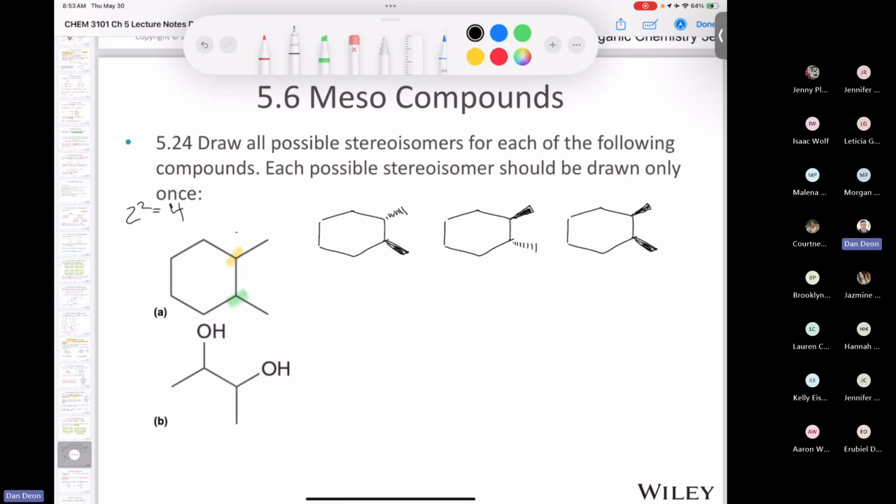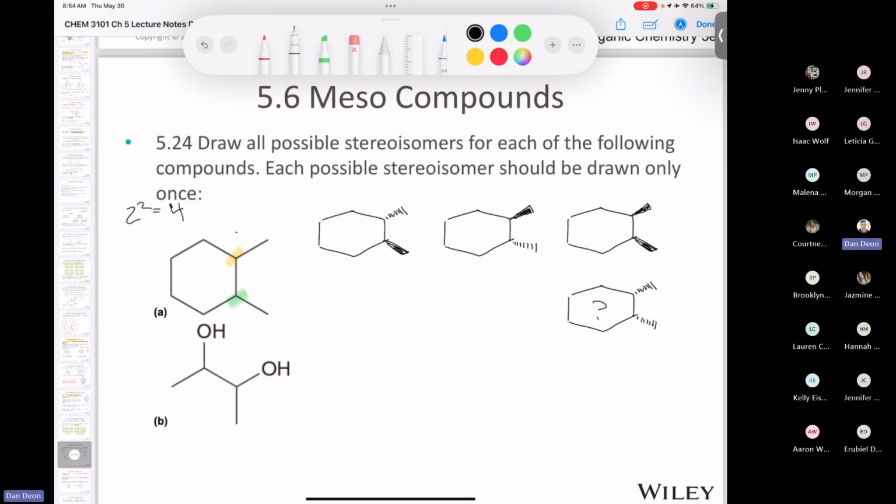However, what would happen if I was to draw a 4th stereoisomer, and I put 2 dashes? Is this a new stereoisomer, this one that I'm drawing here? Could anybody answer that? What I just drew, is that a new stereoisomer? Is that brand new? No. Thanks, Jenny.